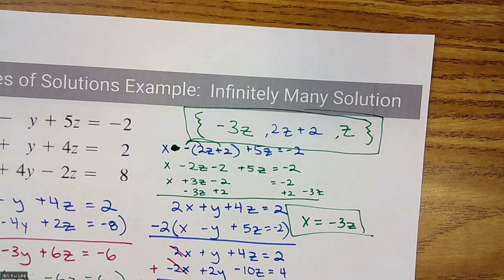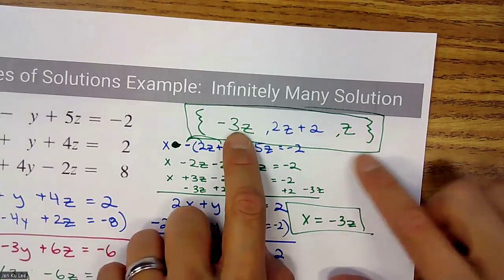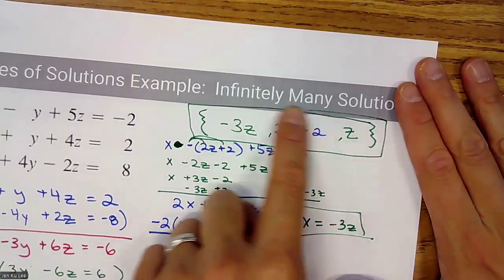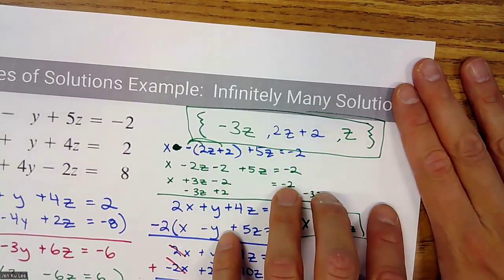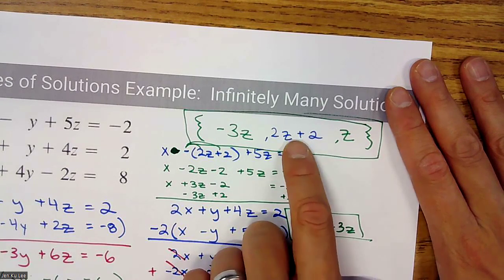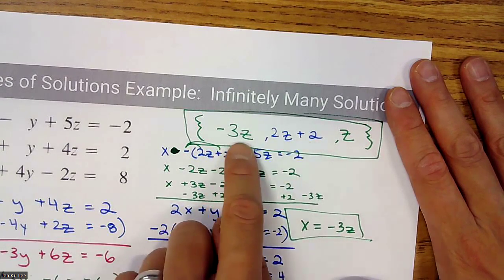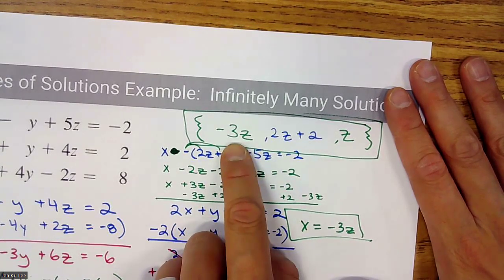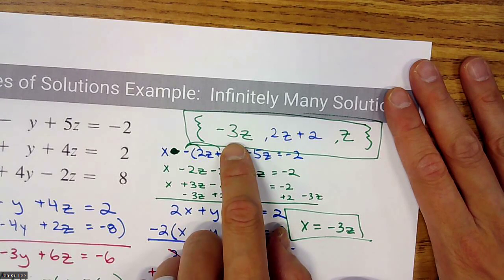Yeah, there's infinitely many solutions, yes, but there must be a system or some rules behind how those solutions work. And the rule is this. That relationship is this. Does that make sense? Yeah. So you can plug in any number for z, but y must be this number then, and then x must be this number. Okay?